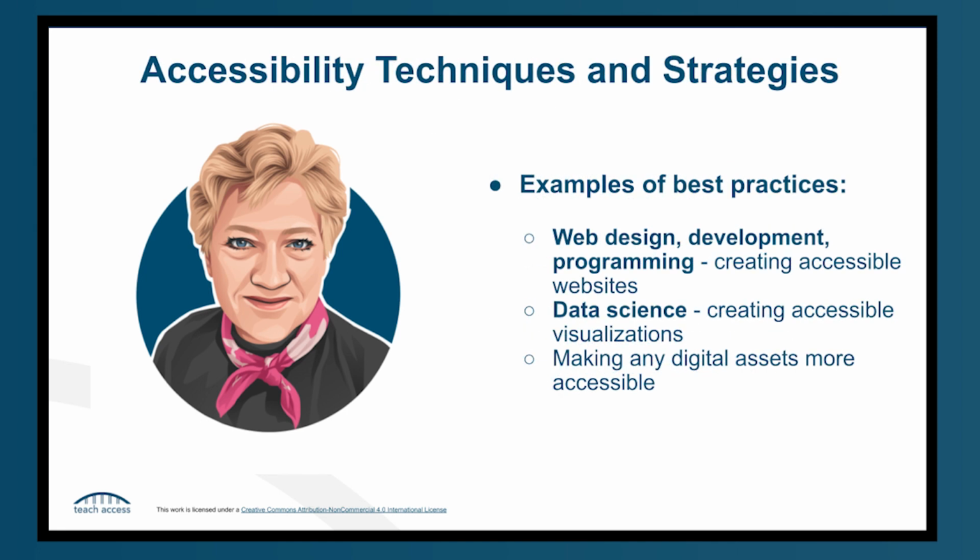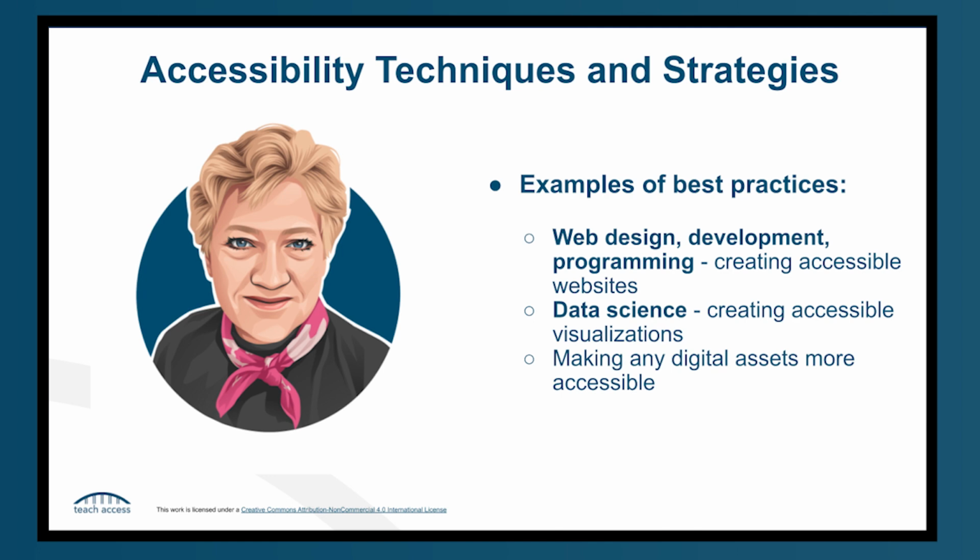The resources in this module will help you to explore accessibility techniques and strategies within the product development lifecycle. No matter what computer science course you teach, there will undoubtedly be some aspects of accessibility that could apply. For example, if you teach web design, development, or programming, there are best practices for creating accessible websites and applications.